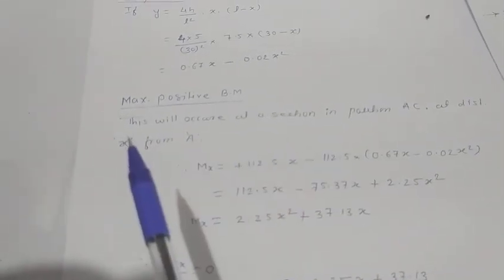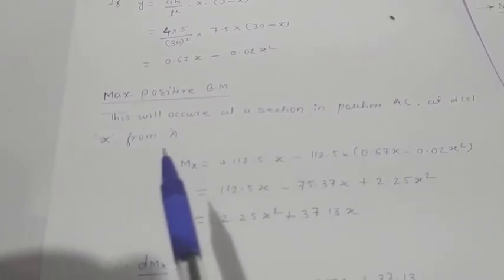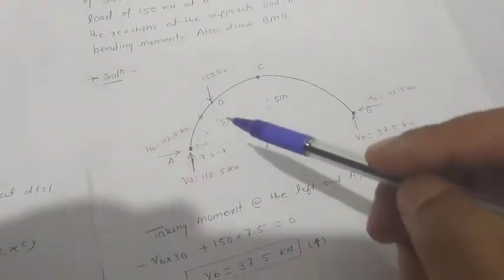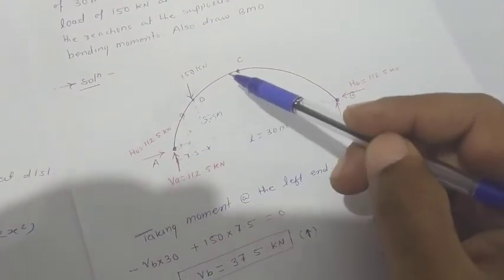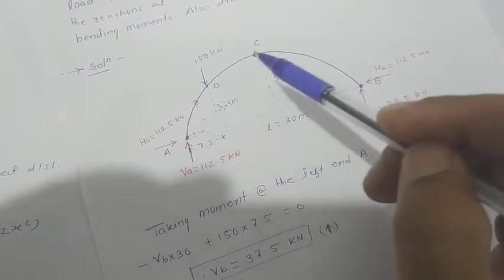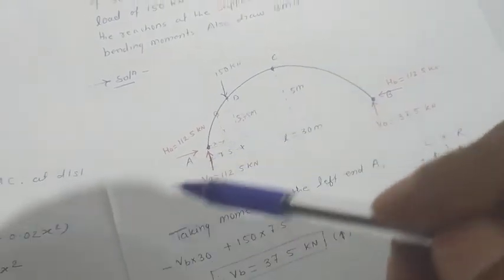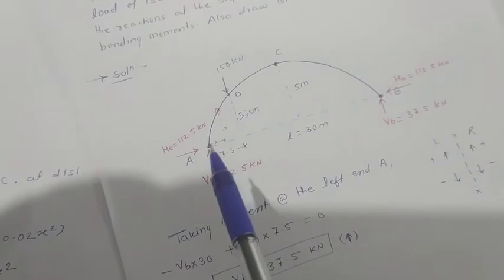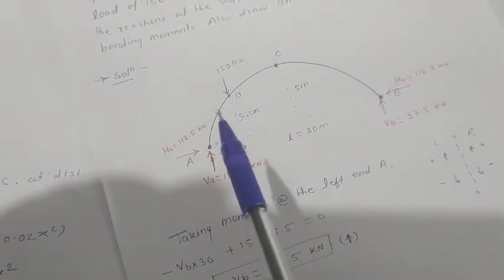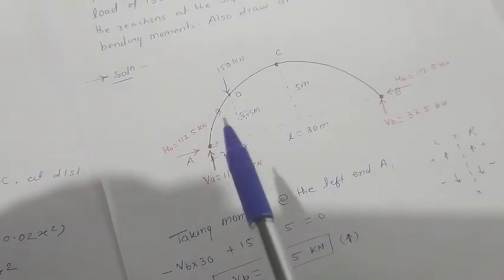So first we will find out the maximum positive bending moment. This will occur at a section in portion AC at a distance of x from A. This is my portion AC. So the maximum bending moment will occur in this portion. Why? Because the 150 kilonewton load is acting in portion AC. Suppose I take a section at a distance of x from point A, somewhere here.